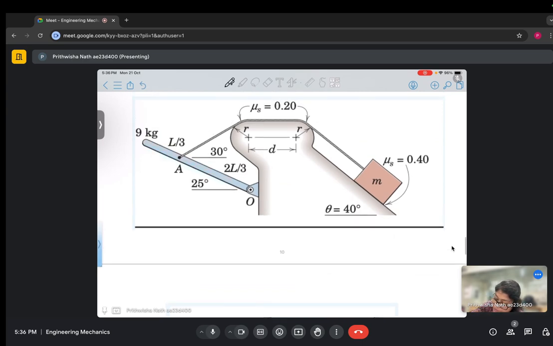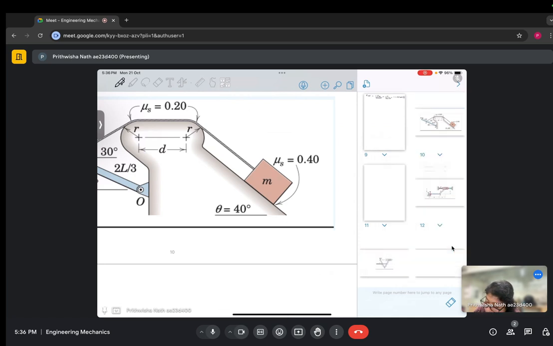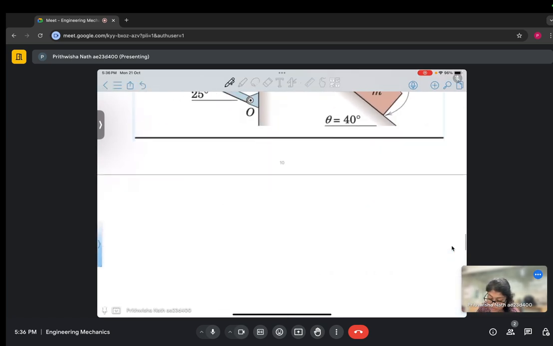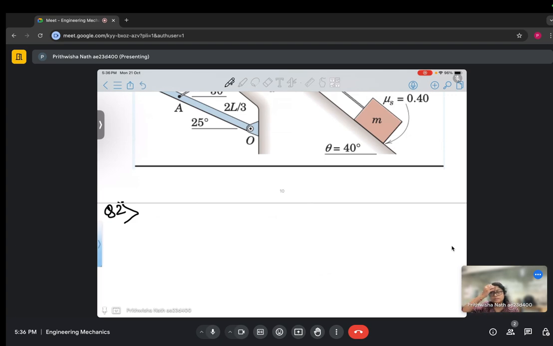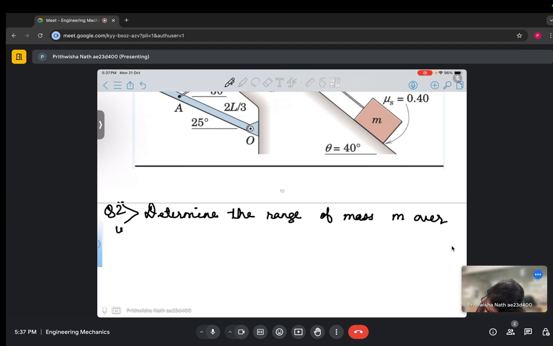So the question is, here what we need to do is determine the range of mass m over which the system is in static equilibrium.